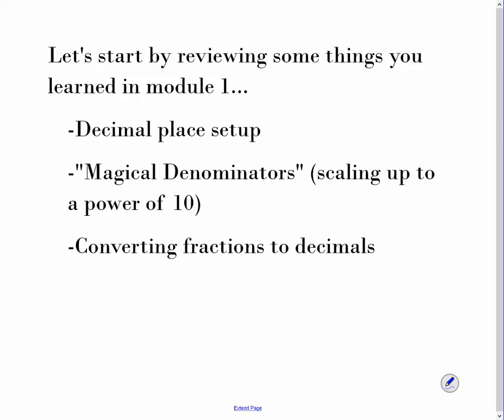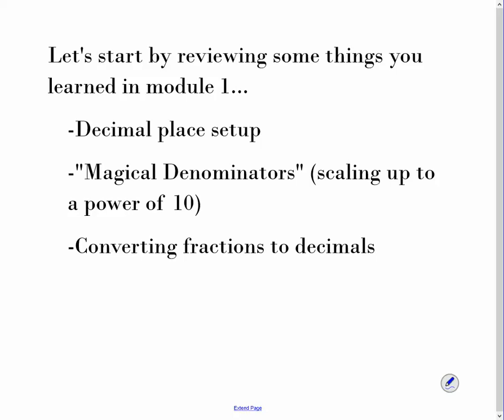First thing we're going to do is review some things you already learned in module 1. First of all, decimal place setup. We talked about place value, and we're going to talk about how that correlates to how we write fractions: tenths, hundredths, thousandths. The other thing we're going to review is magical denominators.